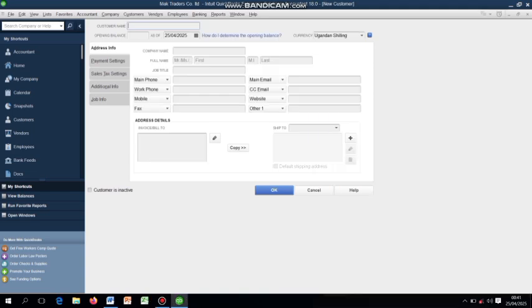I will add a new customer. He is Munene Auto Dealers. His opening balance is 1 million as of the date. I check it is Uganda shillings, then okay.